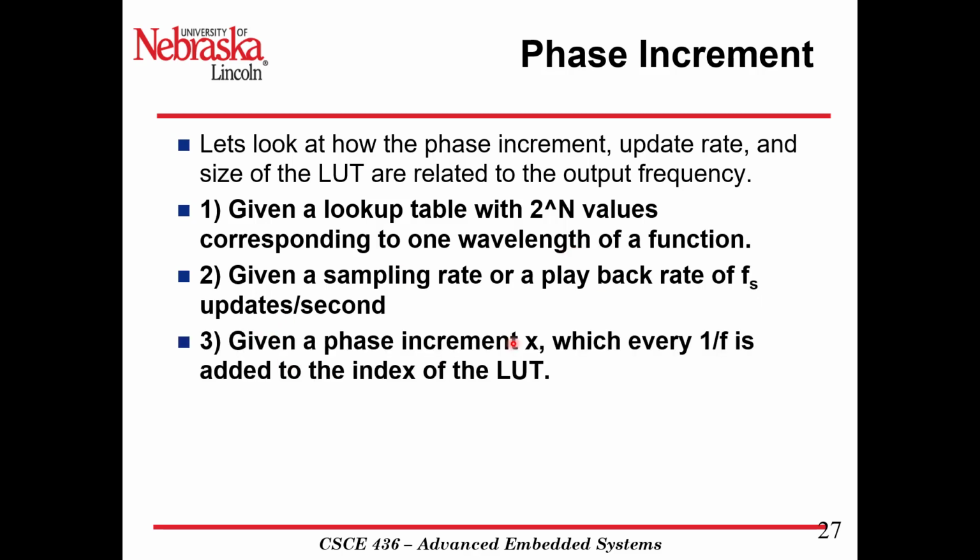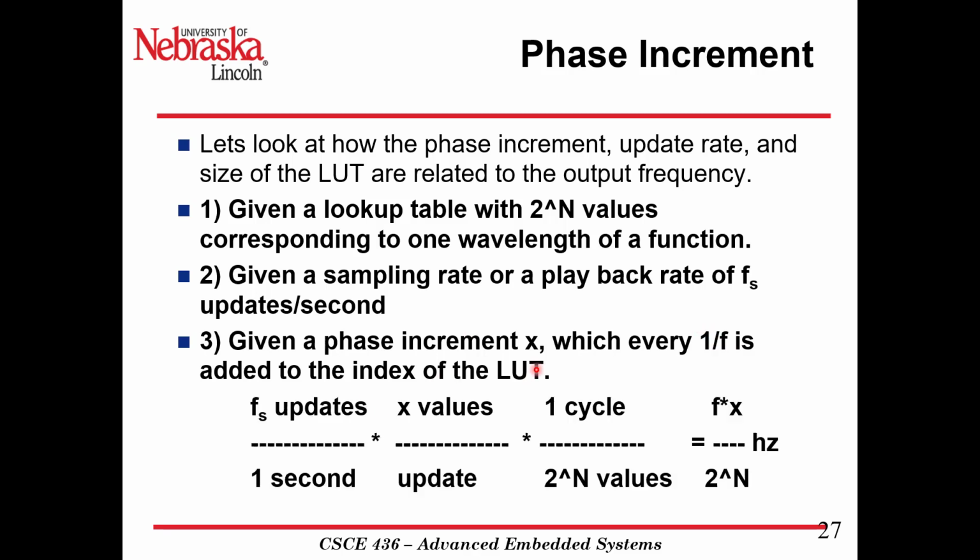And then we're going to have this phase increment that will happen every 1/f. 1/f is a period, so this increment will happen, in the 48 kilohertz example, every 21 microseconds, essentially. So we're going to add that to our index into our lookup table, and then index to that next value.